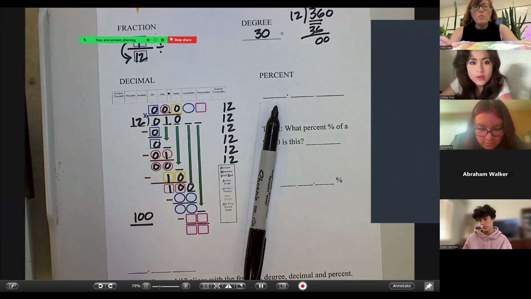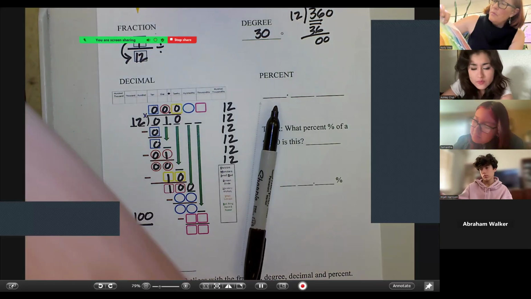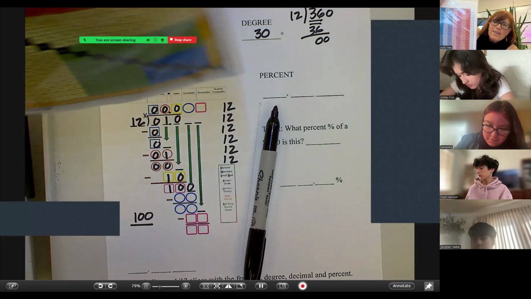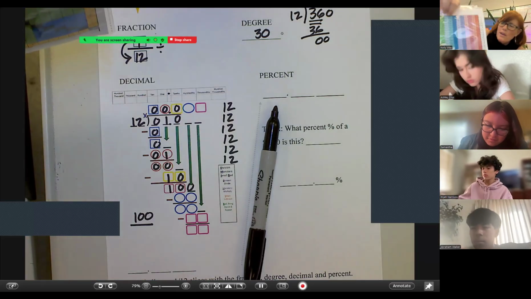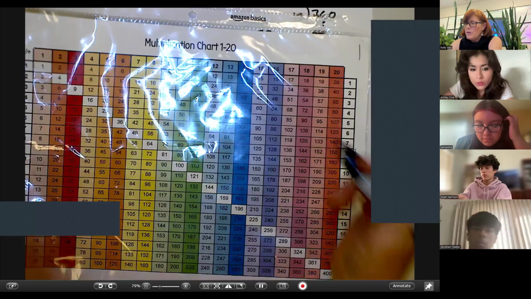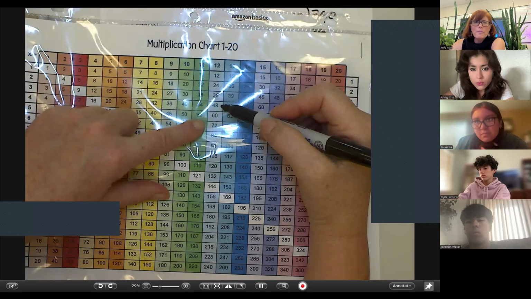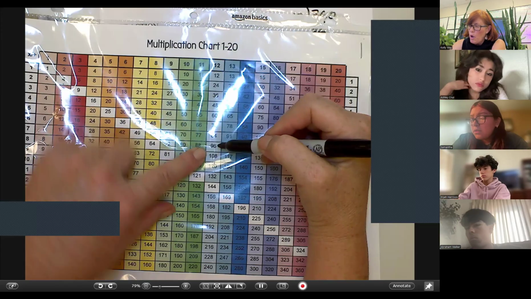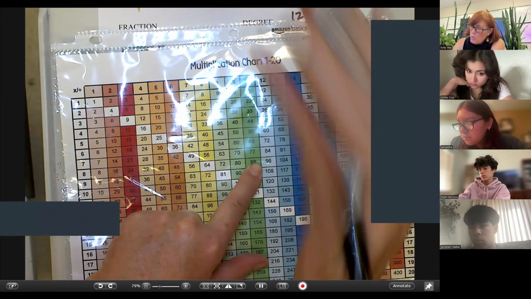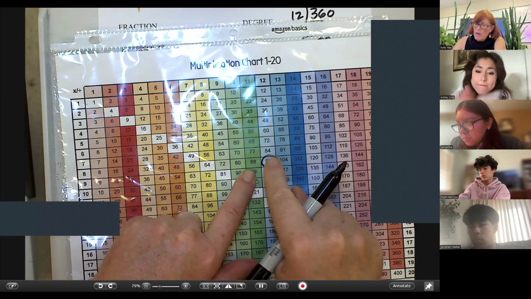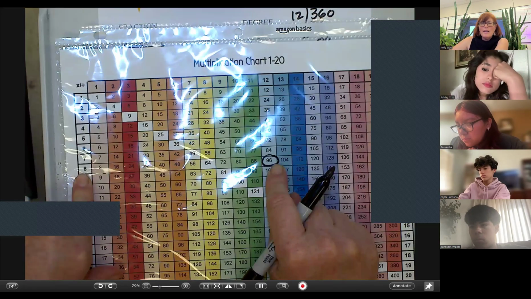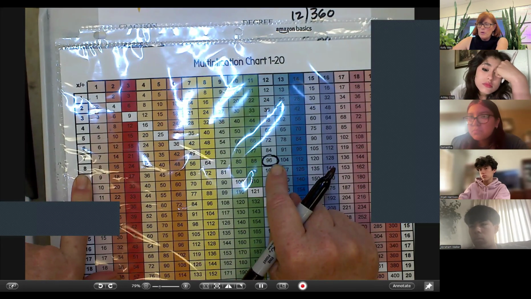Okay, so you go down the 12 column. Let me see if we can see this. Right there. Go down the 12 column. You want to get as close as possible to 100. Take a look right there. Okay, Elijah H., what number is that?